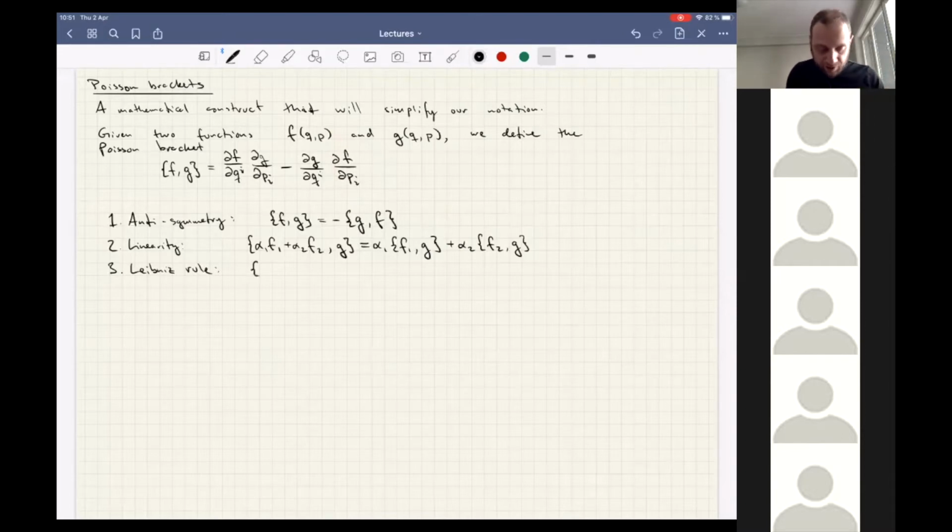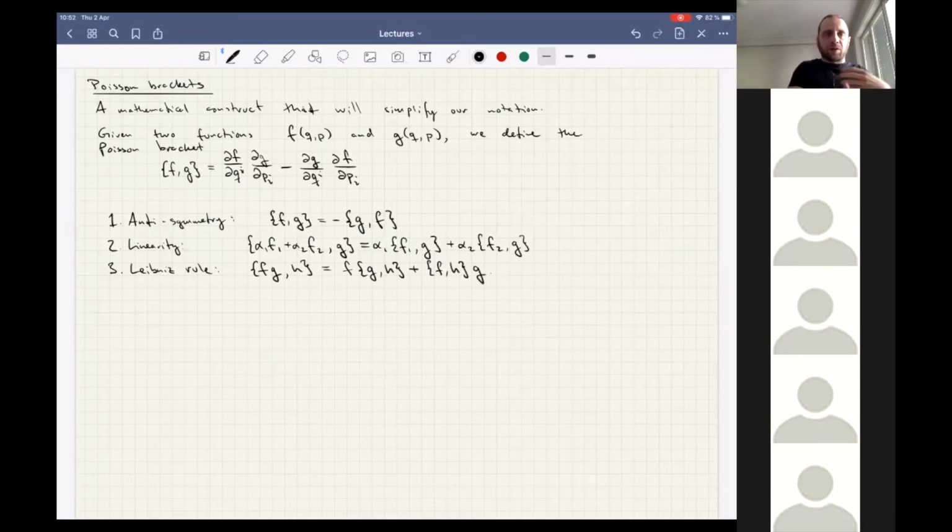So in general, if I have f multiplied by g in the first argument, and I have a third function h in the last argument, this is going to be f times the Poisson bracket of g and h, plus the Poisson bracket between f and h, multiplied by g.